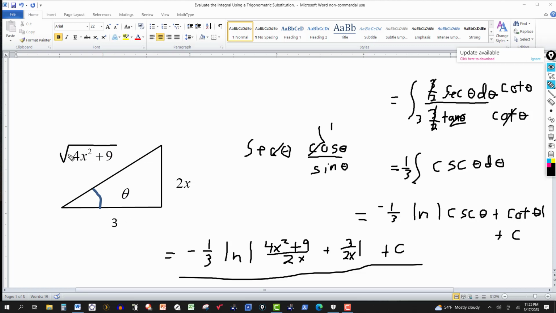So if I square the hypotenuse, I get 4x squared plus 9, and then squaring the other sides, 4x squared plus 3 squared is 9. This should be a square root here. And like I said, since I have the same denominator here, I could just write this as the square root of 4x squared plus 9 plus the 3 all over 2x. I'll just leave it in this format here.